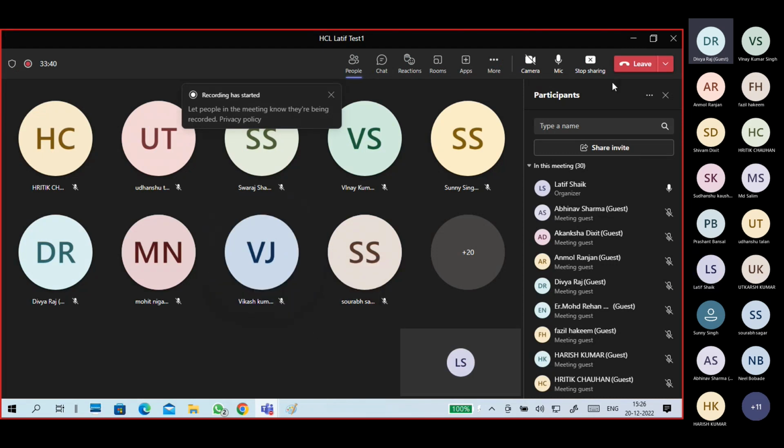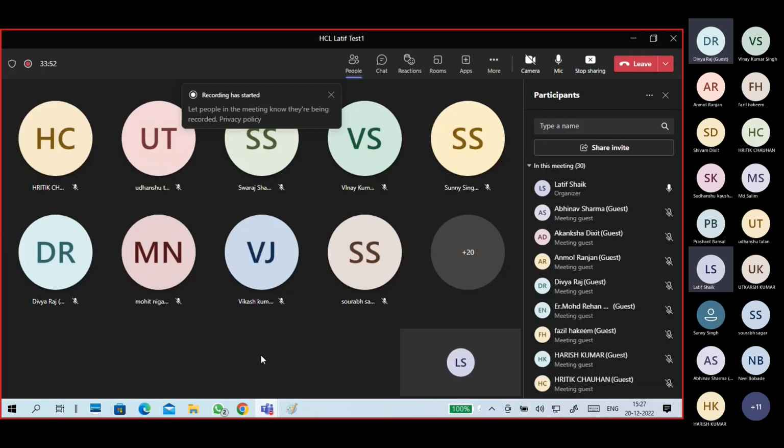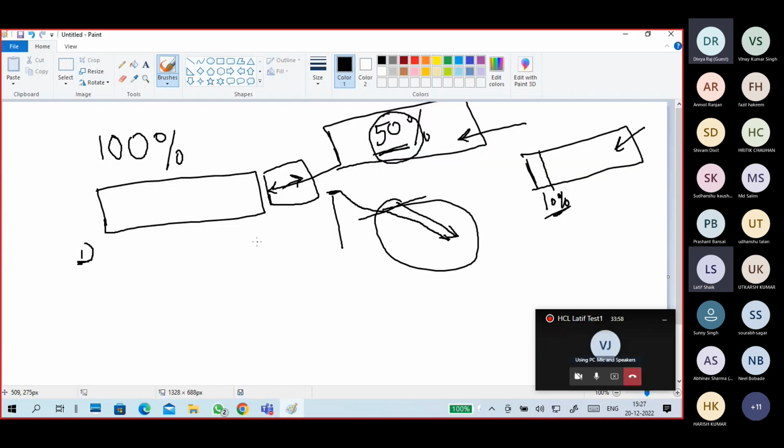Okay. Next one, guys. When you are doing heavy work, for example, I'm taking class. How many processes are happening? I'm sharing my desktop and my voice, and the application will consume more battery power. Now this is the paint and there are browsers, and some applications are running.